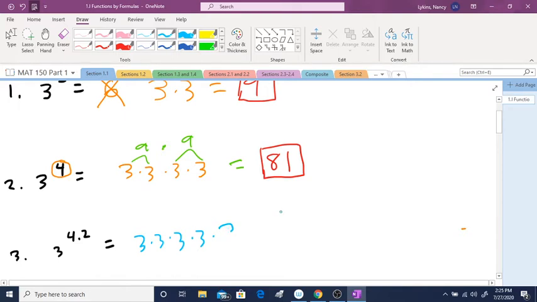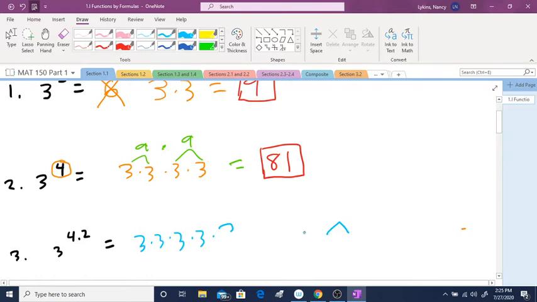So if you look on your calculator, and most of us have the TI-83 or TI-84 Plus, on the right side of your calculator you will see a little arrow that looks upside down. This is called the caret button.